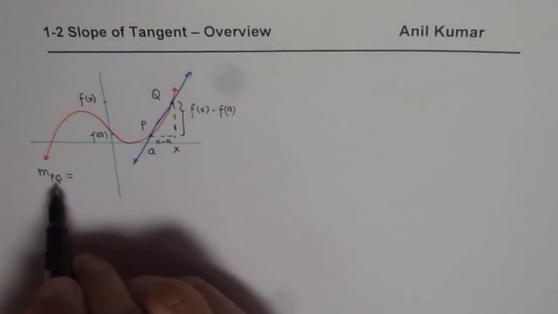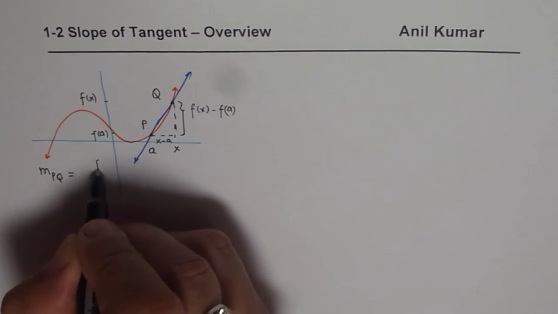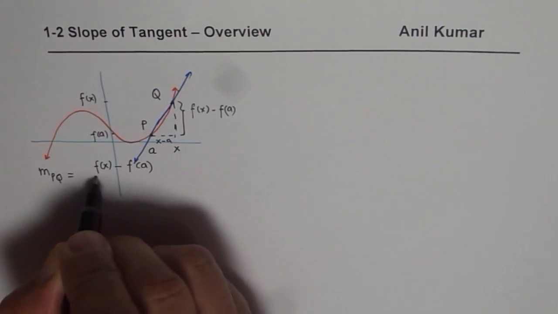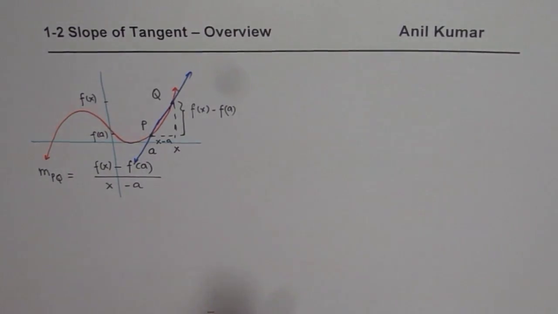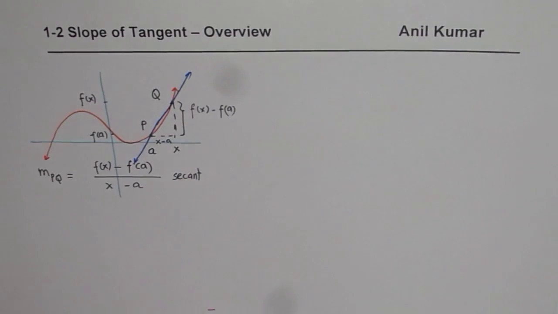And we can write down that the slope of the secant will be f of x minus f of A divided by x minus A. So that is the slope of the secant. Now the idea was to find the slope of the tangent.